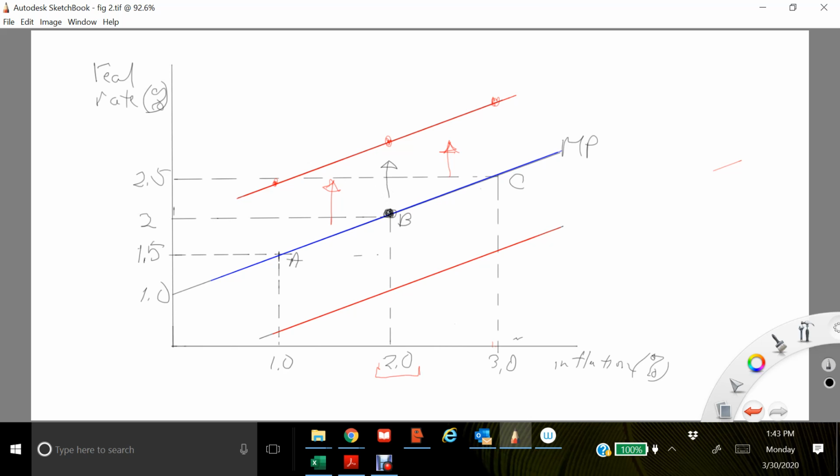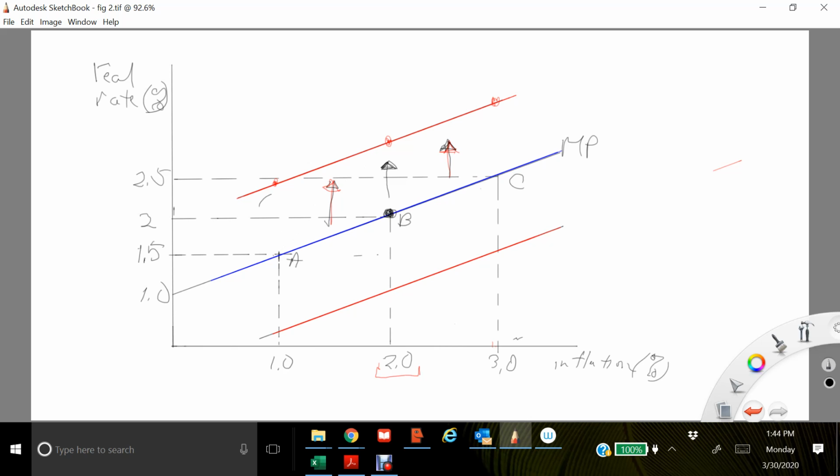Its policy instrument is the federal funds rate, which is a nominal rate. And so when it raises the nominal rate at any particular rate of inflation, the real rate is going to rise.